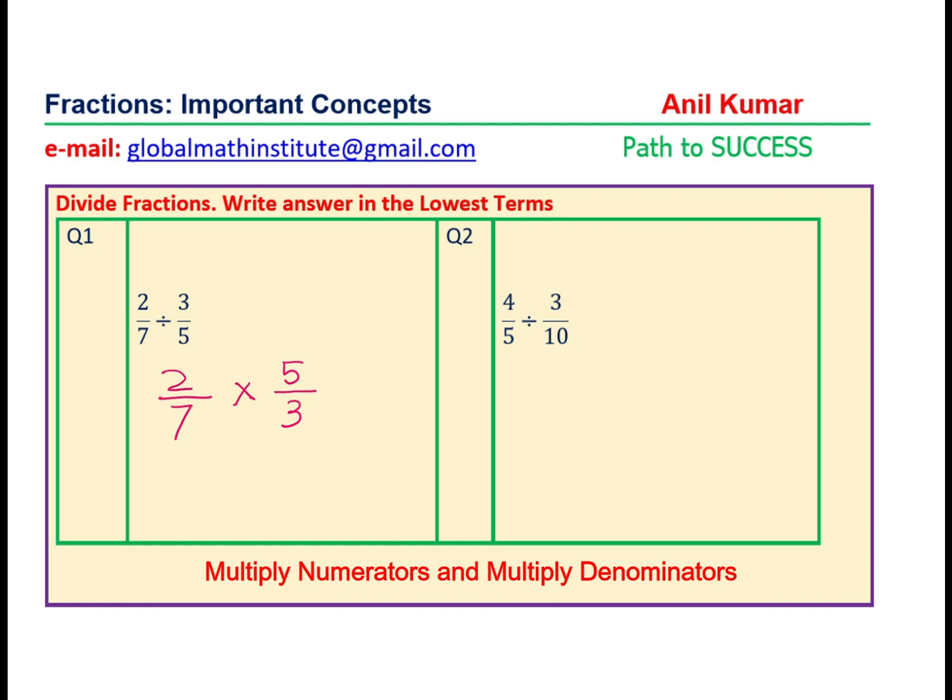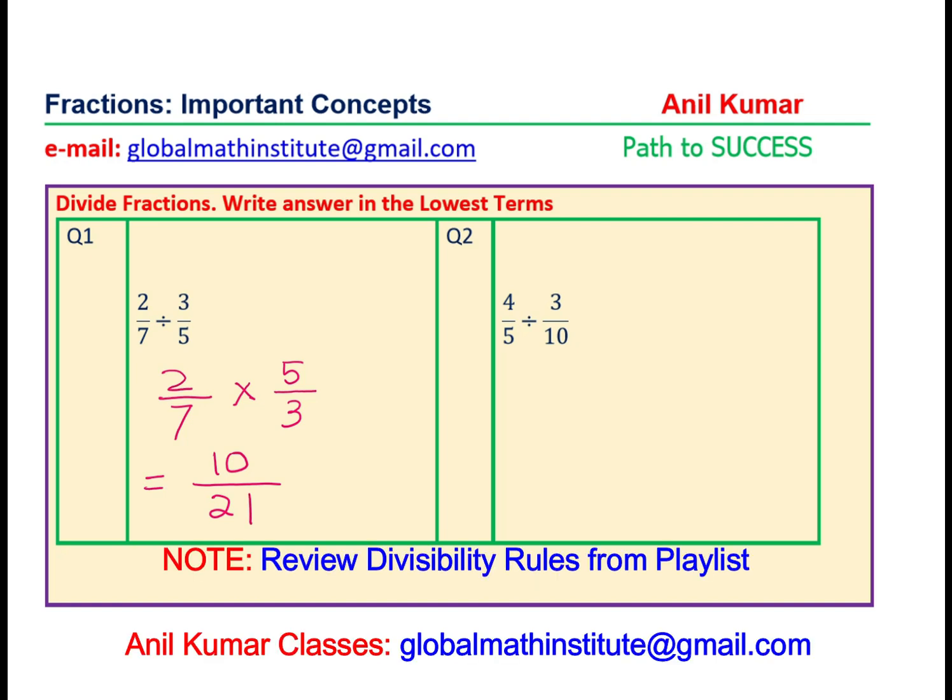So 2 times 5 gives us 10, and 7 times 3 gives us 21, and we get our result. Now this was a simple case since there was no common term which could have been cancelled from numerator and denominator, and therefore this is the lowest term of the answer.